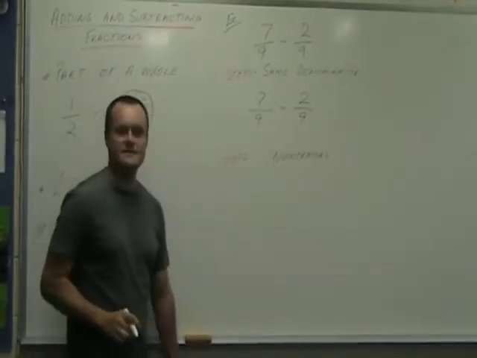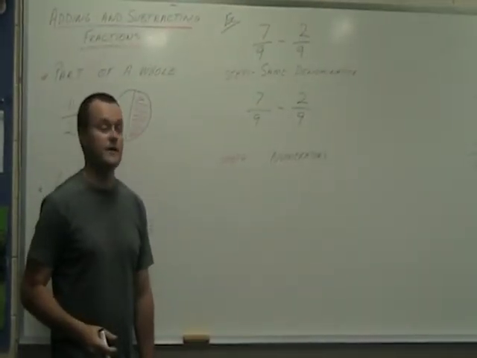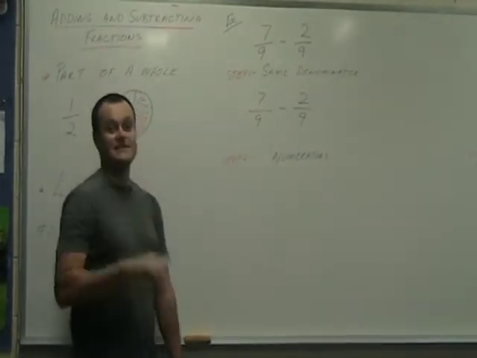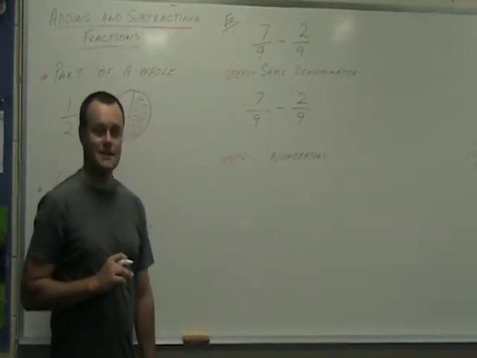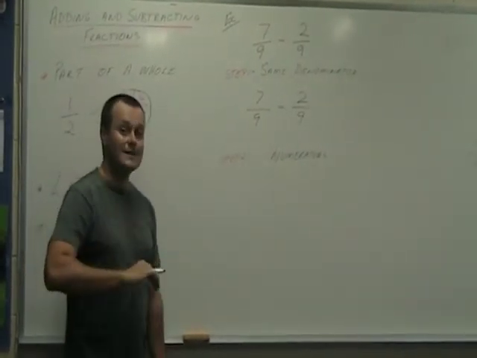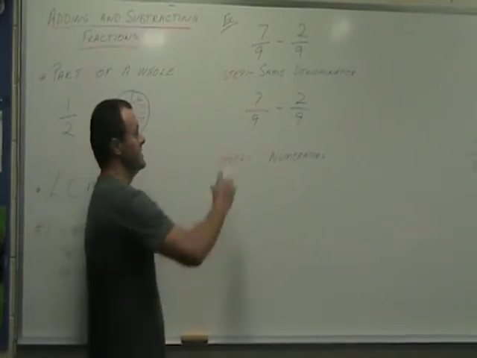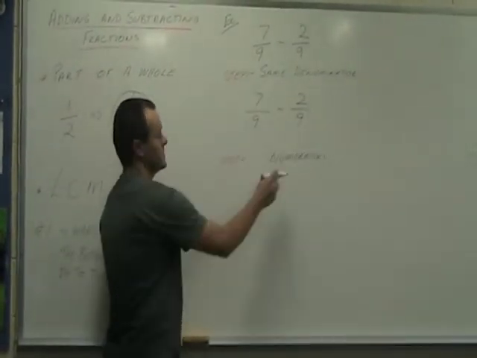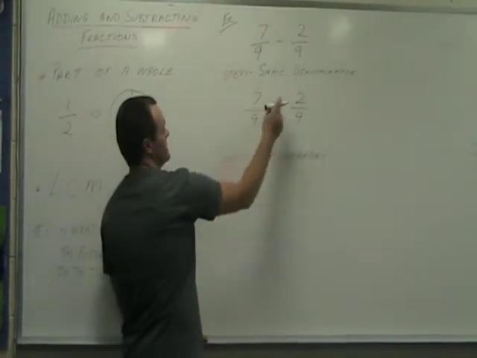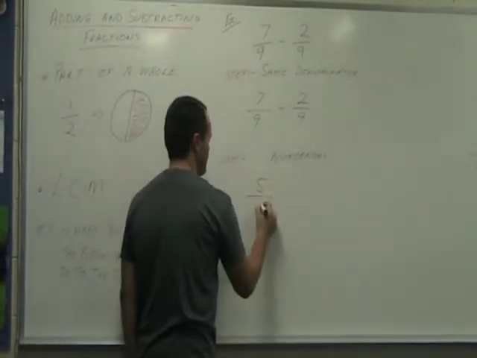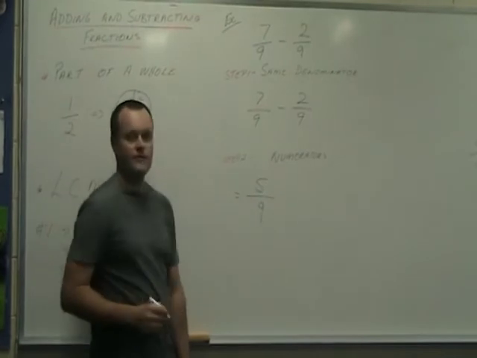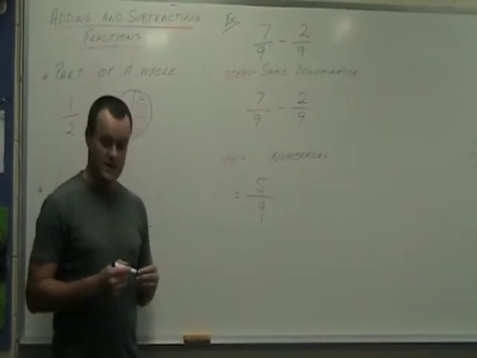They already have the same denominator, which is useful for us. So if I had 7 parts coloured in, and then I asked you to uncolour 2, so take 2 away, we take the numerators away, which gives me 5/9. Again, nice and simple.